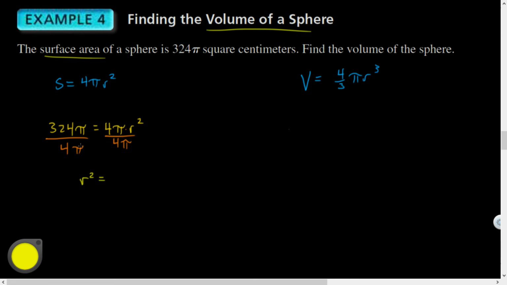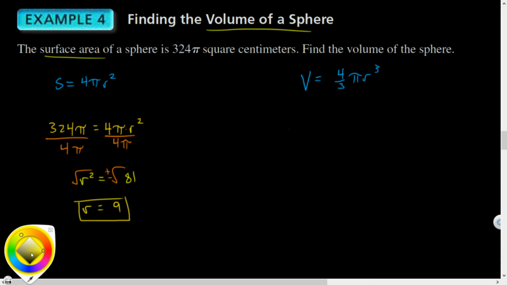R squared is going to equal, those pi's will cancel out, 324 divided by 4. That seems divisible. 81. Lovely. Here we go. R is going to equal plus or minus 9, but as a radius, we'll only take the positive version. R is equal to 9.